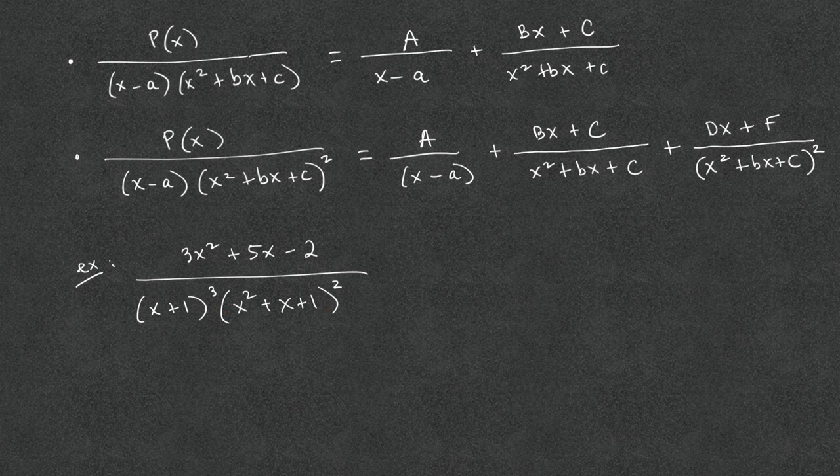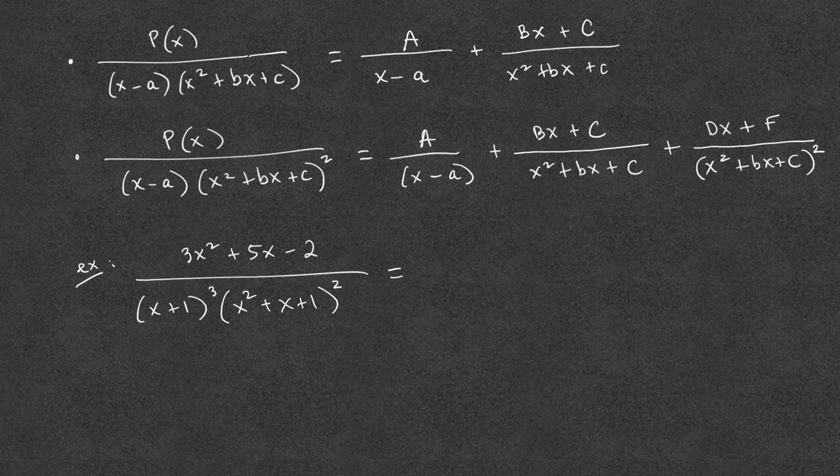The linear factor x plus 1 is repeated 3 times, and the irreducible quadratic x squared plus x plus 1 is repeated 2 times. Remember, the exponent of the factor tells us how many rational terms we need to set up for the corresponding repeated factors.